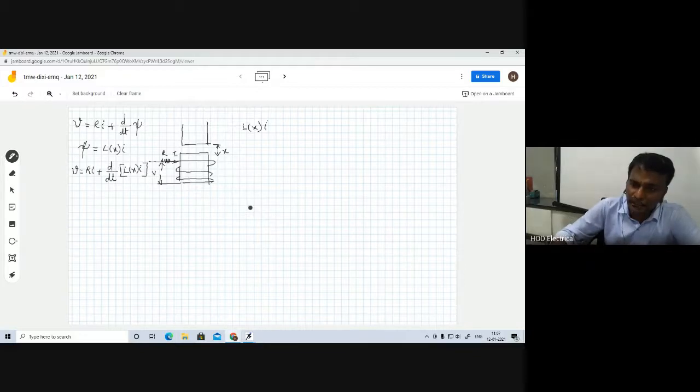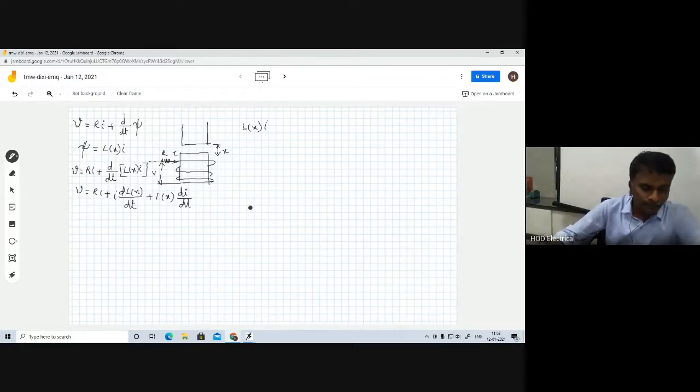Accordingly we can write the voltage equation as R into I plus, using the product rule, I into dL of x divided by dt plus L of x into di divided by dt.